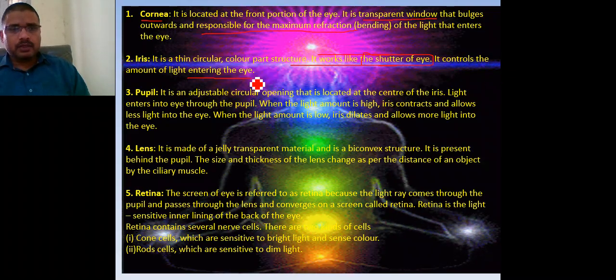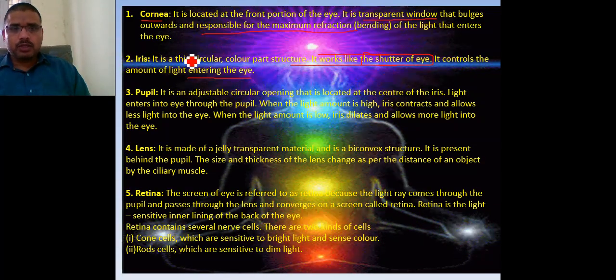Whatever amount of light is required to make the image gets inside to the lens, by which the image is formed. So it is the part of the eye known as the shutter of the eye, which controls the amount of light getting inside.